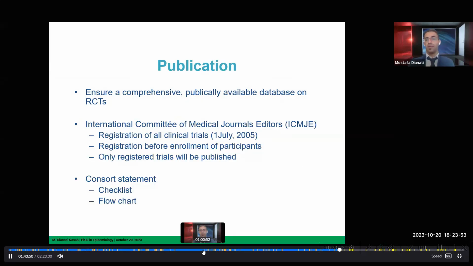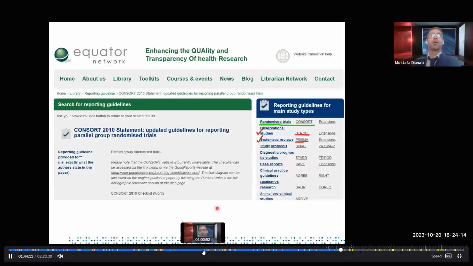Okay, let's wrap up with some key points. In your publications, there are some key factors that you have to follow, for example, the checklist and flowchart that are assigned for this kind of study.